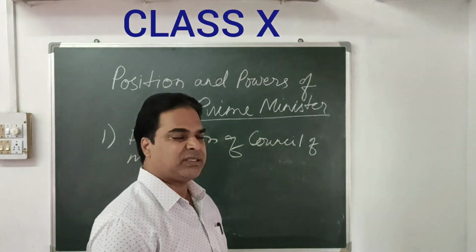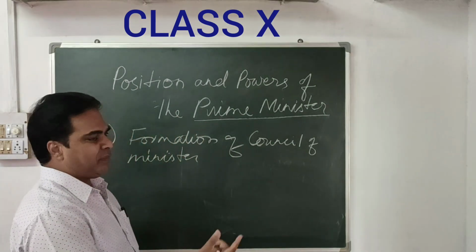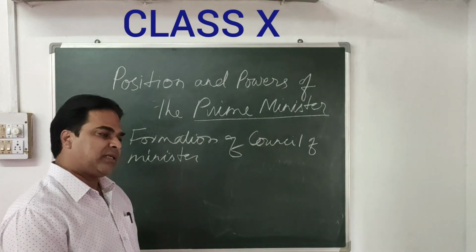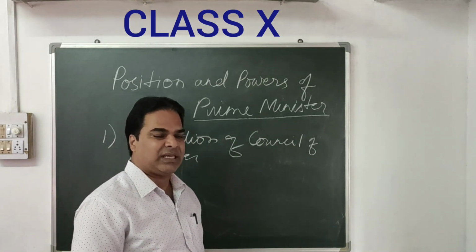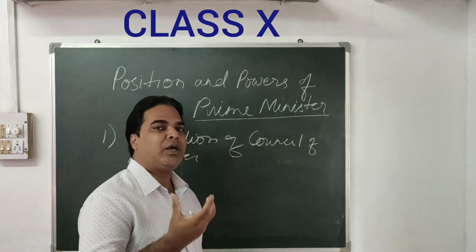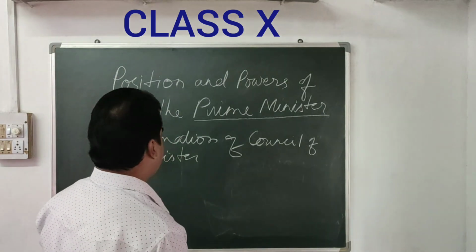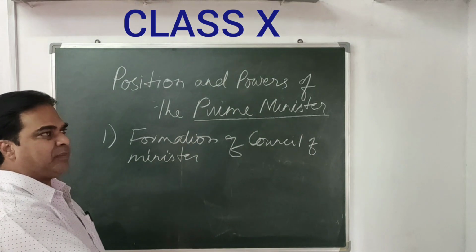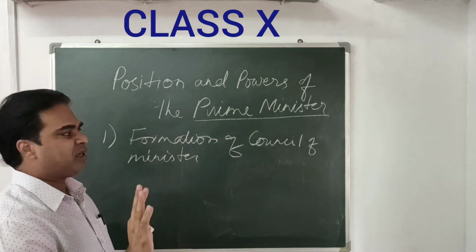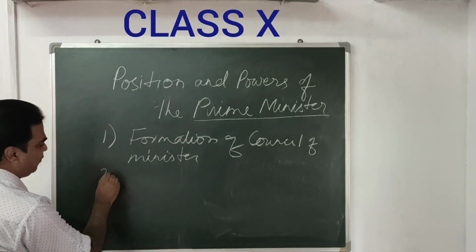Council of Ministers means, as I told you in the beginning, the Prime Minister is the one who decides whom to give the ministry. So he decides and he selects, and those names are given to the President, and the President appoints them. So the entire formation of the Council of Ministers, like the Cabinet Minister, State Minister, Deputy Minister, is done by the Prime Minister of our country.